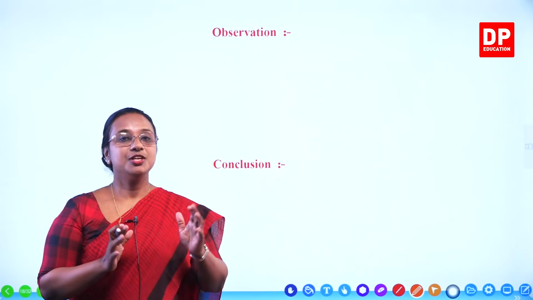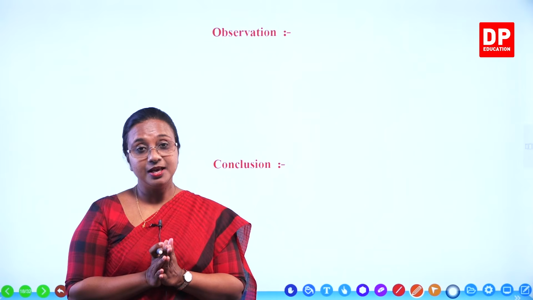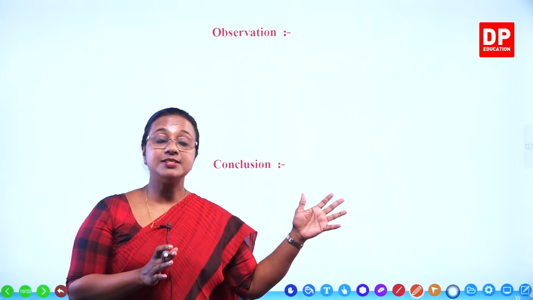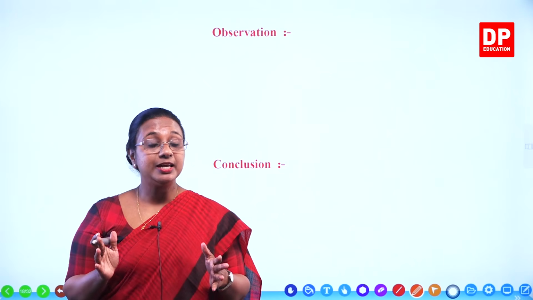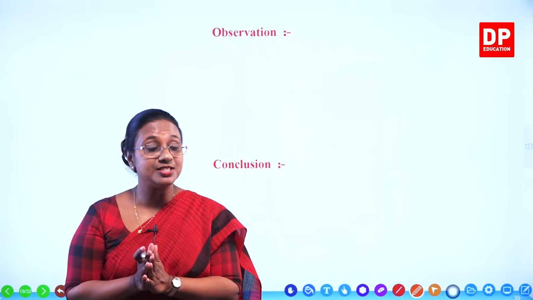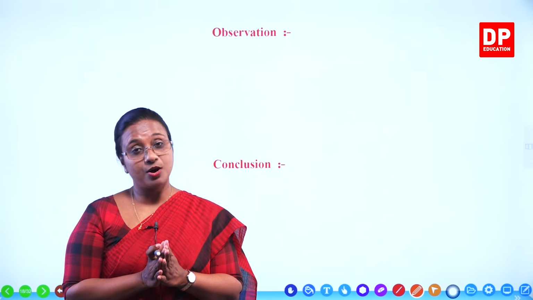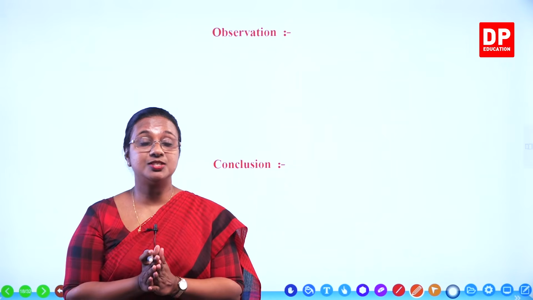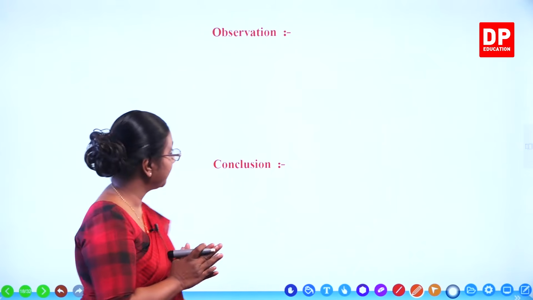Okay students, so you were able to observe what happened in the lab. When we tried to focus the image of an object that was outside, a tree, you were able to see that the image distance was less. And when we used the candle as the object, the image distance was more. So now you all can understand what happens there.